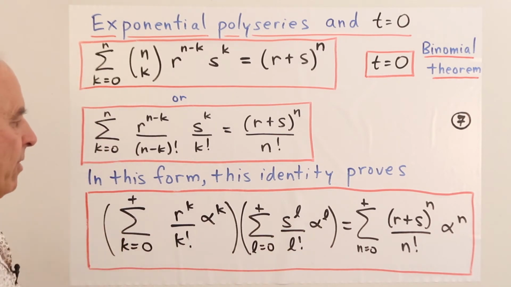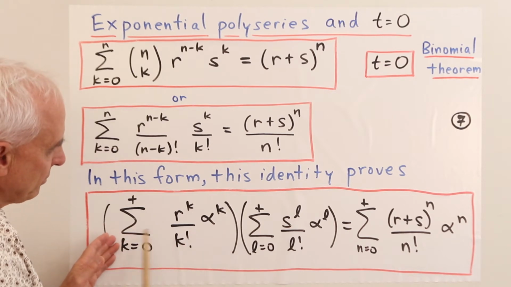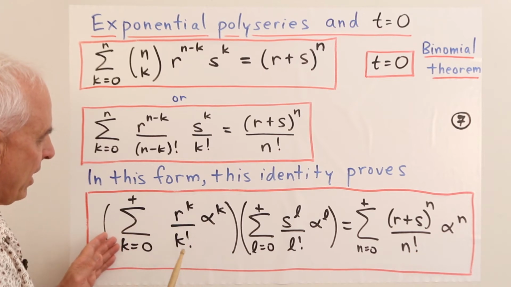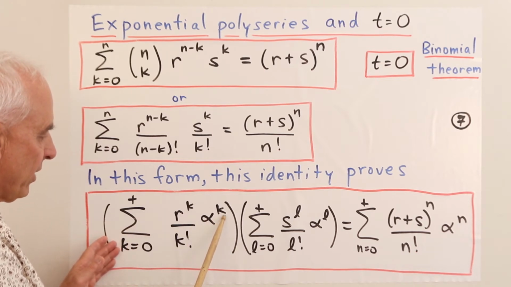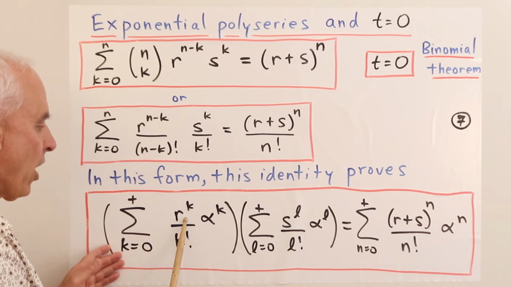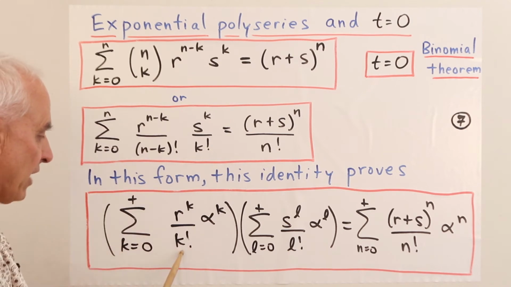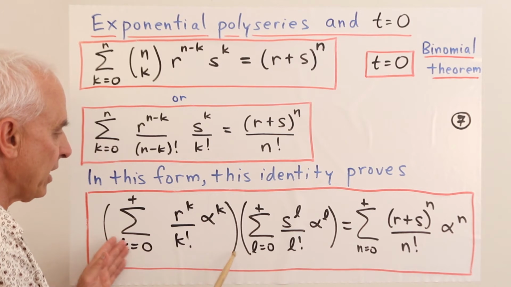Here's the required identity. We're summing polyseries that look like this. There's powers of alpha increasing, k equals 0 going on, so alpha to the k there. There's an r to the k, so you can think of r as a rational number here. And there's a k factorial in the denominator.